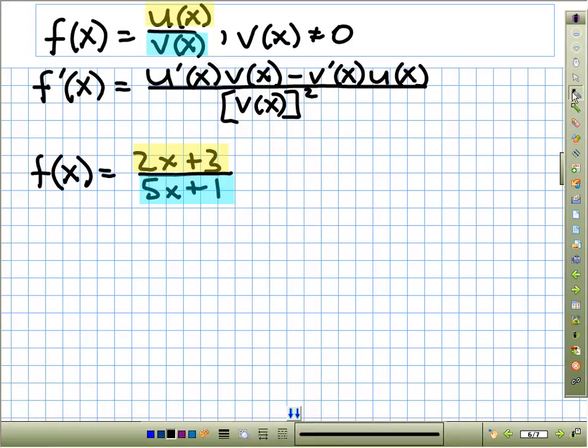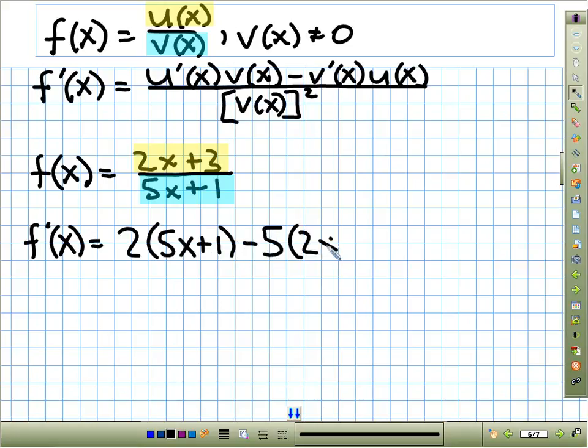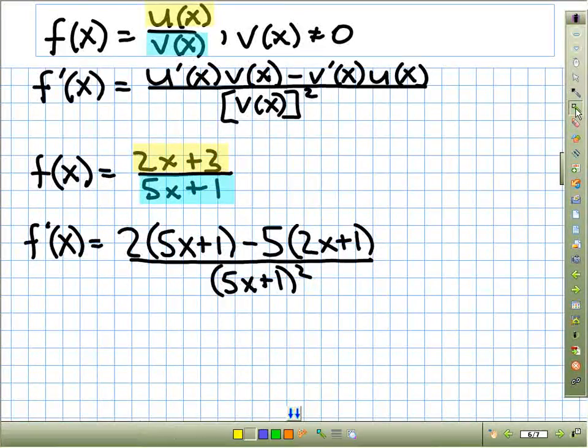Now, let's apply the quotient rule. F prime of x. We're going to get the derivative of the top times the bottom minus the derivative of the bottom times the top, all over the bottom squared. And I guess I wrote this incorrectly.